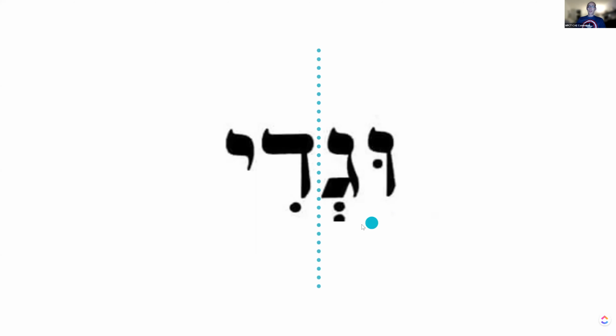All right, so now let's identify what kind of syllables these are. Does this syllable end with a consonant sound or a vowel sound? Consonant, so therefore it must be a what syllable? Closed. And does this syllable end with a consonant sound or a vowel sound? Vowel, and therefore it must be open. Exactly.